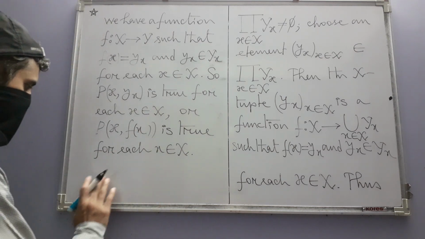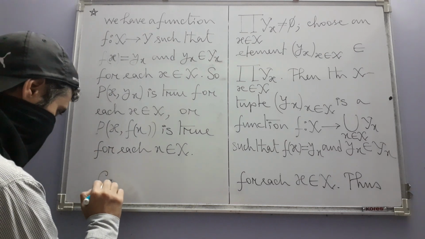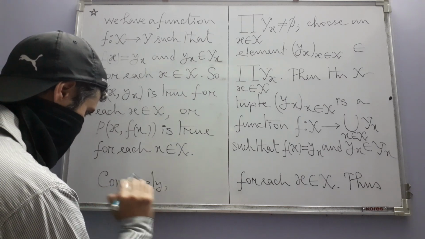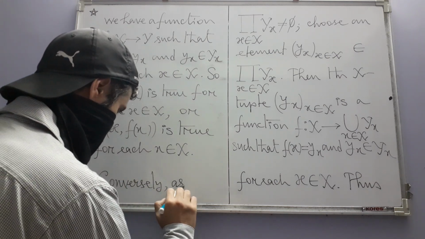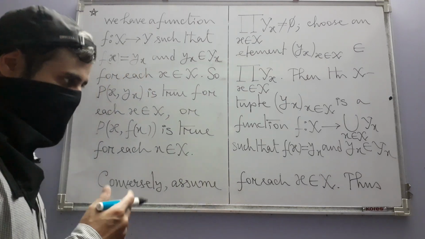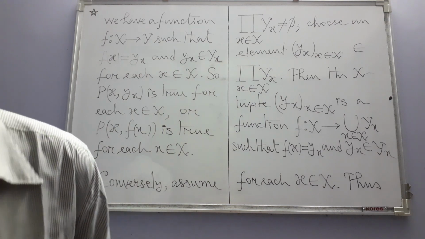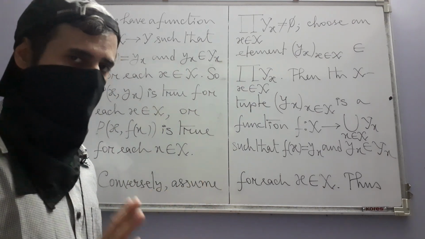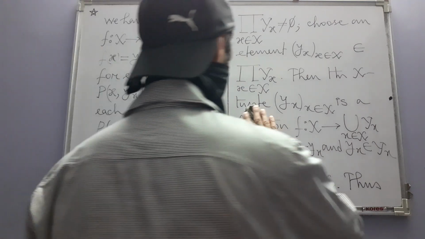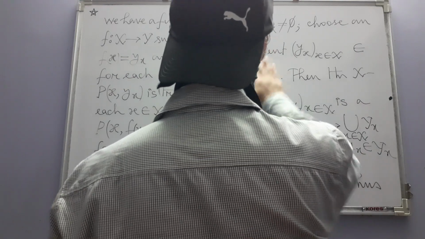Now we are going to look for the converse. Conversely, assume that that theorem, why do I keep calling it theorem? It's proposition. Proposition 847 is true. Let's assume that, and then we have to prove that the statement of axiom of choice is true.